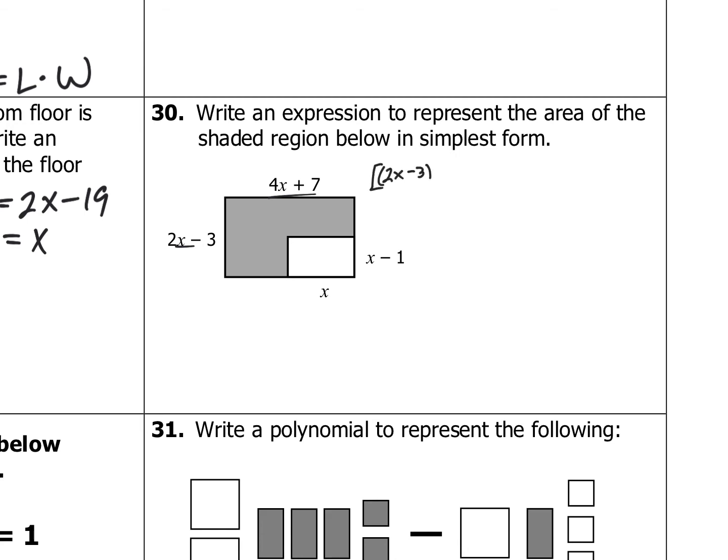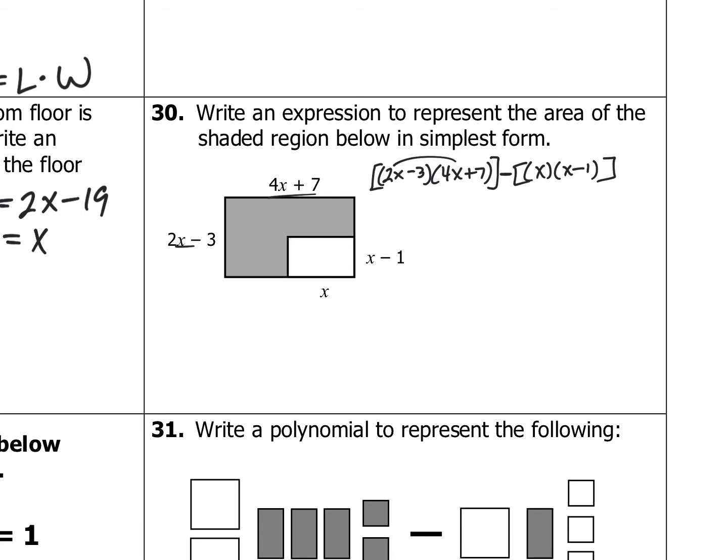That's going to be 2x minus 3 times 4x plus 7. And then we need to subtract the area of the smaller rectangle. So that's going to be x times x minus 1. Okay, and I put them in brackets because we need to do one part at a time and then subtract, okay?